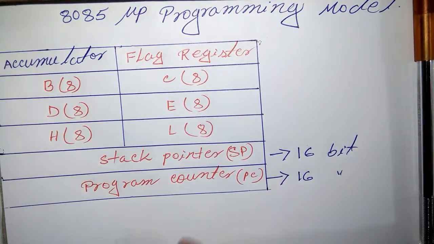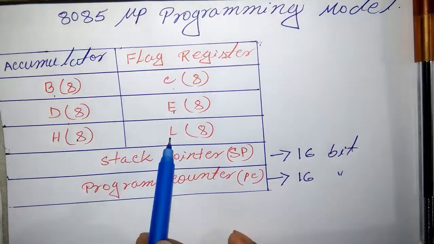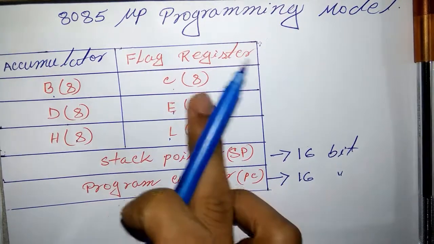Now I discuss the registers. The 8085 has 6 general purpose registers to store 8-bit data. These are identified as B, C, D, E, H, L. Those are the most important.